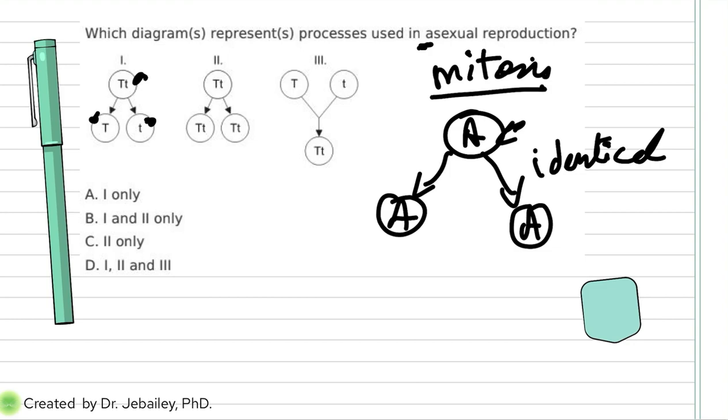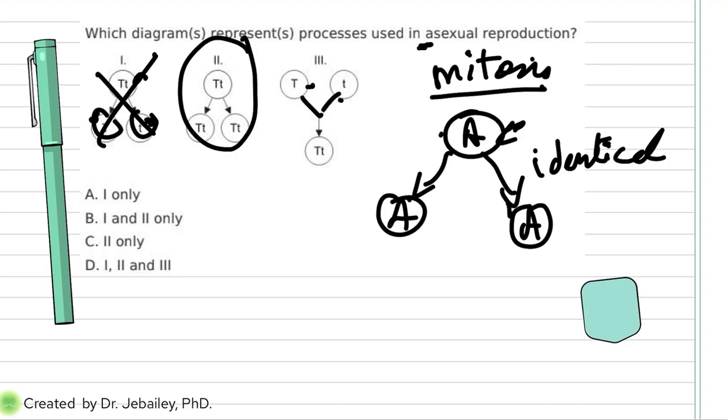No, they don't. Even though it makes sense that it's mitosis, divided into two daughter cells, they're not identical. Look, it's just a T, a small t. This one is identical. What about this one? Well, it's a cell splitting into two. This is not. These two are trying to join to make one. This is an example of a sperm and an egg joining to form a zygote.